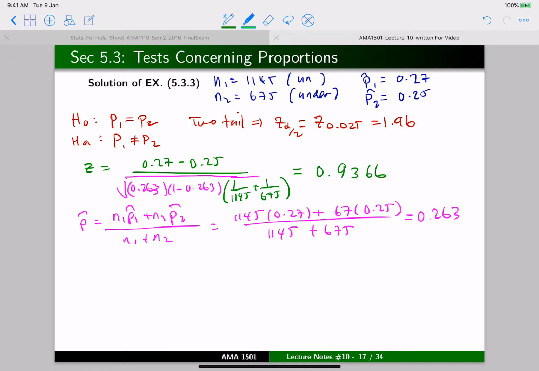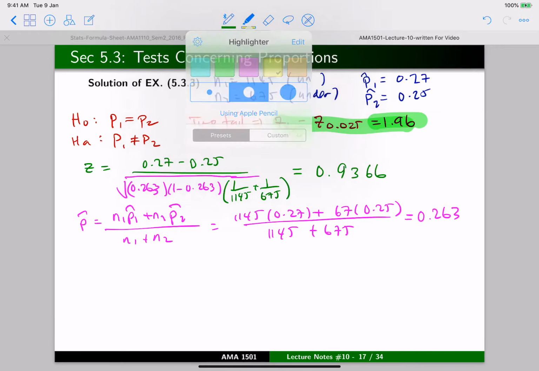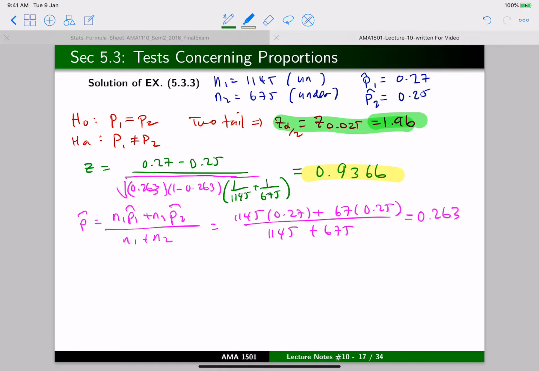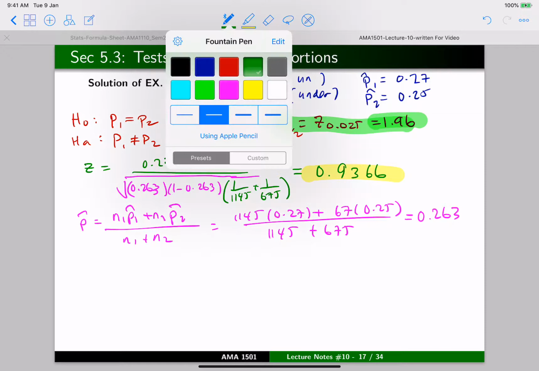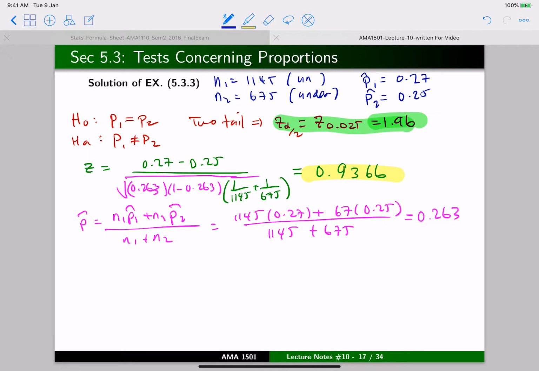Let's compare these two values: this is z alpha over 2 and this is our test statistic. Clearly, our test statistic falls inside the non-critical region. So this implies that we do not reject the null hypothesis.